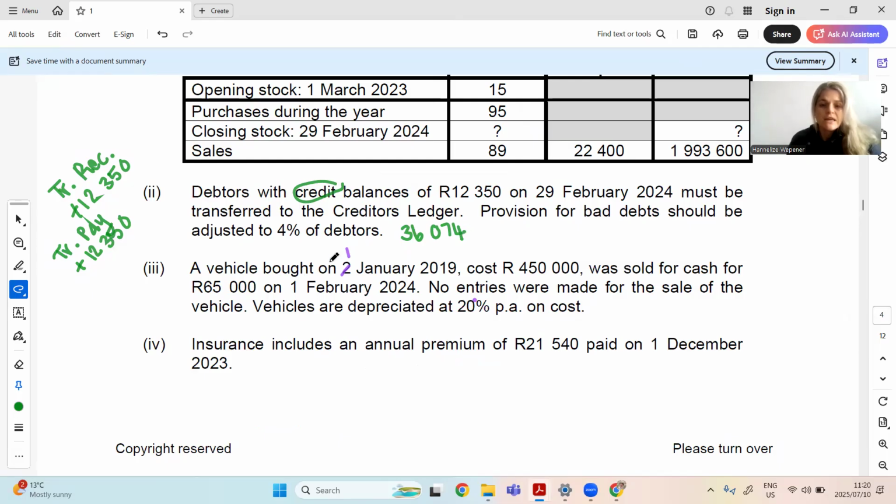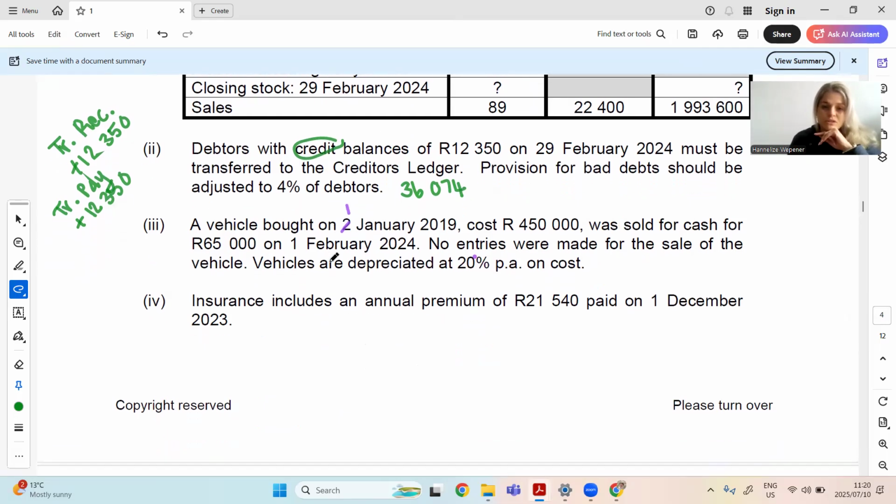Right. Then we had the case where the vehicle was bought on the 2nd of Jan, and we said that's pretty much the same as saying on the 1st of Jan at a cost of 450,000. So once again, we have SFP because this is fixed assets.